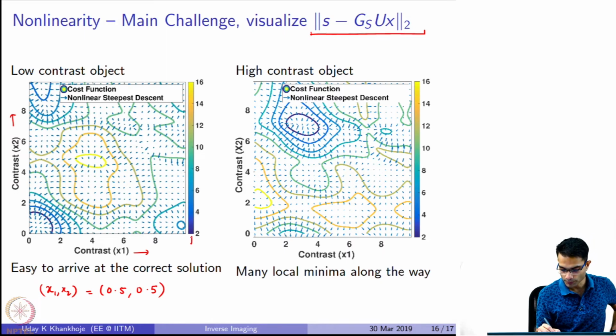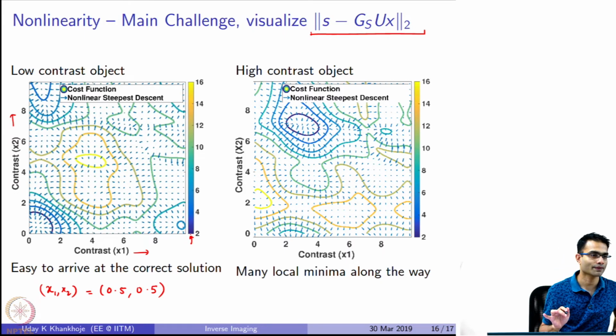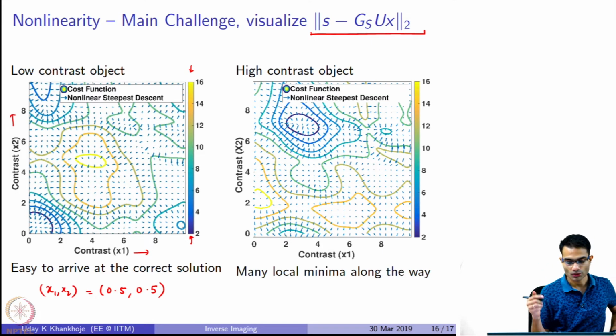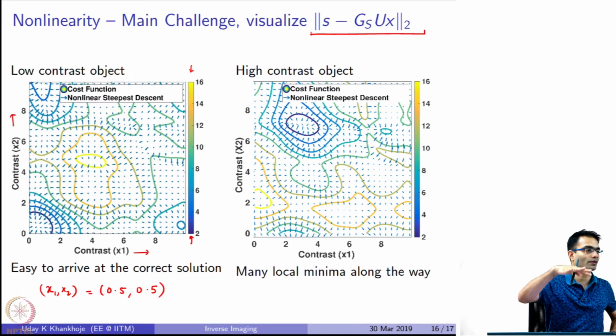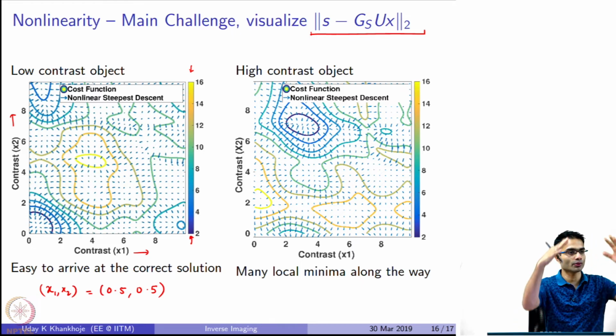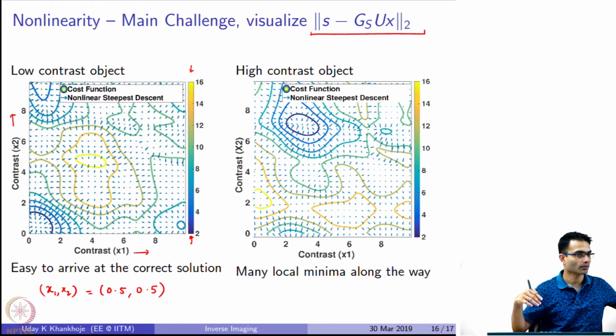Dark blue corresponds to the lowest value and yellow to the highest value of the cost function. What I am showing are these contour plots, like a topography map of a hill. So yellow is the peak, blue values are the valleys.